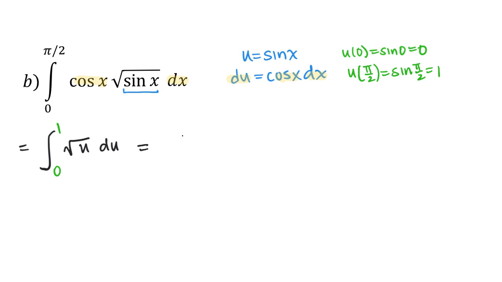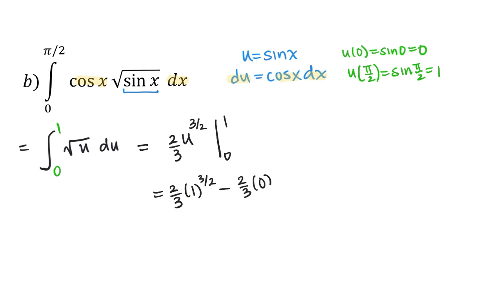This is u to the 1/2. Now this is u to the 3/2 divided by 3/2, which is timesing by 2/3. And I'm going from 0 to 1. Which is 2/3 times 1 minus 0, so just 2/3.